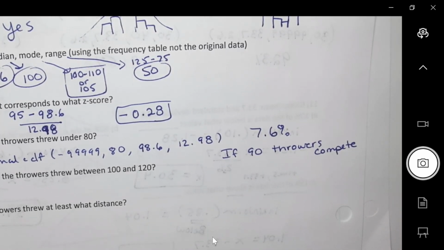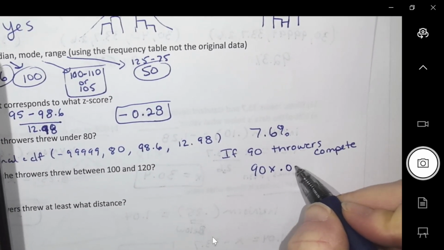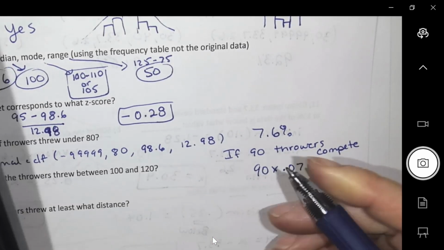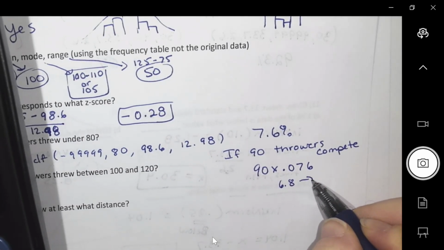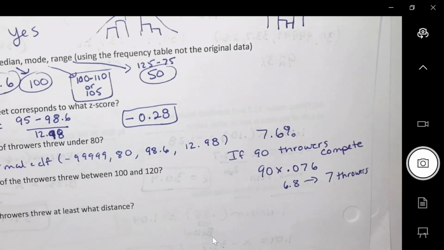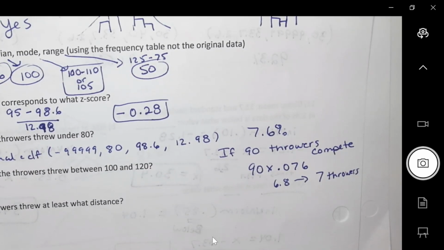There's 90 times 0.76. You would just do that, you just times. 6.8, so I would say 7 throwers. Probably about 7 throwers would be under 80 feet in the competition.